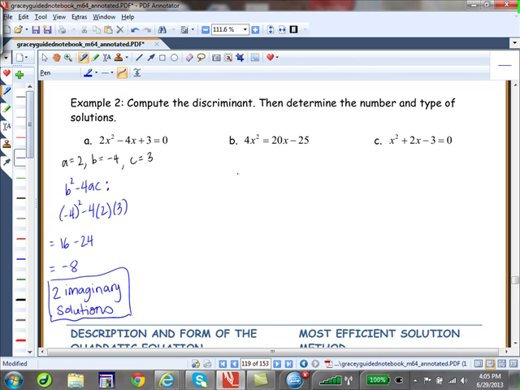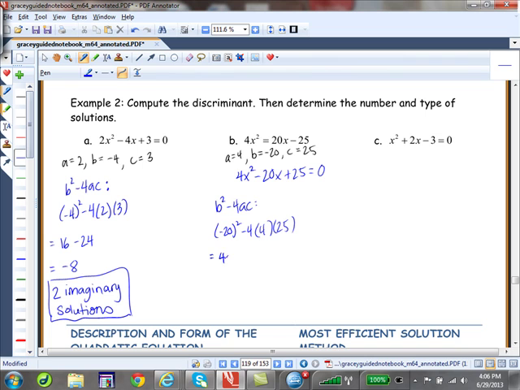Now this guy we have to do a little work too. So we'll have 4x squared minus 20x plus 25 equals 0. So A is 4, B is negative 20, C is 25. So B squared minus 4AC will be negative 20 squared minus 4 times 25.